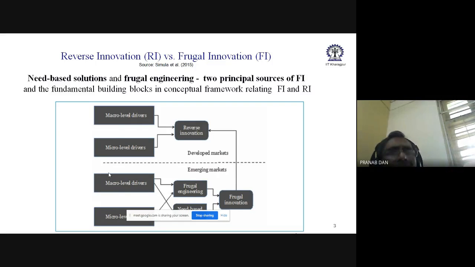One good example, if we take the automotive area, is that the term frugal engineering was coined by none other than the CEO of Renault Nissan, Carlos Ghosn, in 2006, being inspired by the concept of Tata Nano.